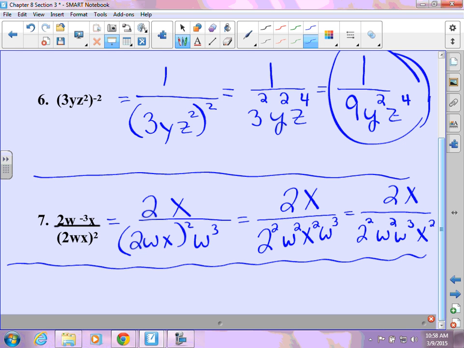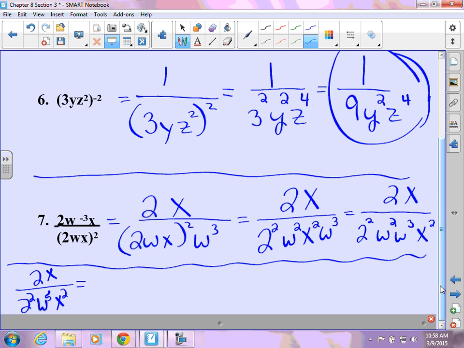Now, can I do anything with my 2's? Yeah, I can, because they have the same base, don't they? Okay? Do I have more 2's in the numerator or the denominator? How many more? 1. So I'm going to go 2, right? Look at my x's. Are there more in the numerator or the denominator?